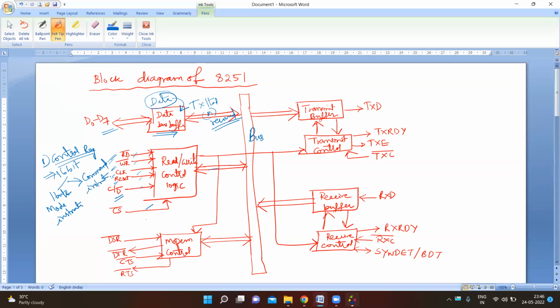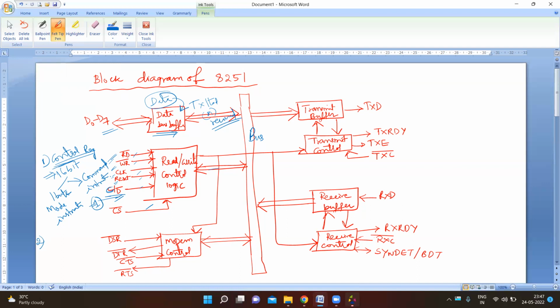C by D bar means this pin; high means command. When control and data is one, then we can use it as an output register. And the second important register, three buffer registers will be there.